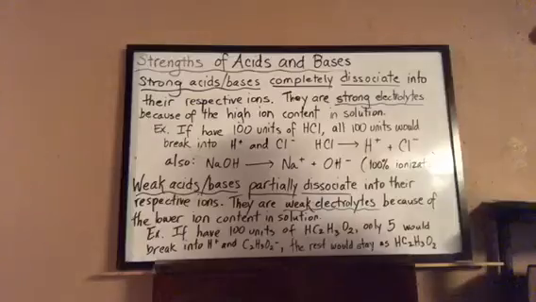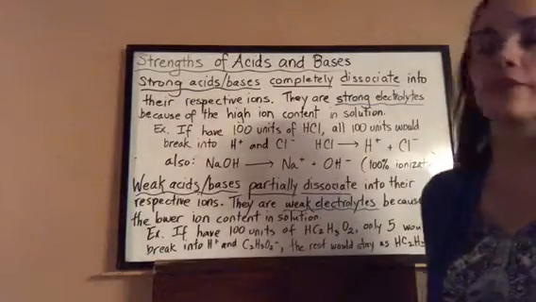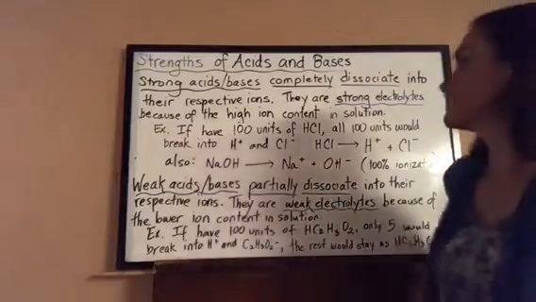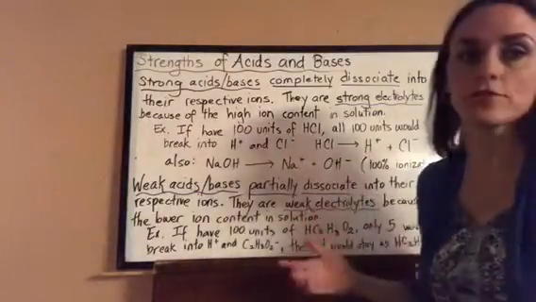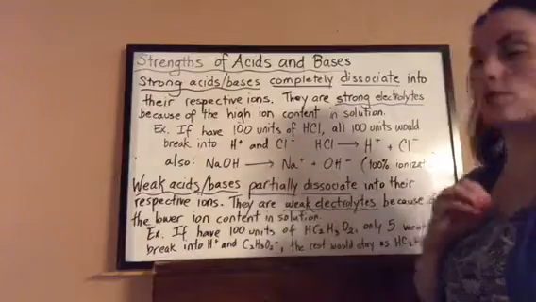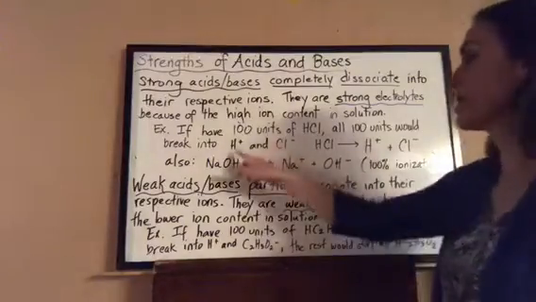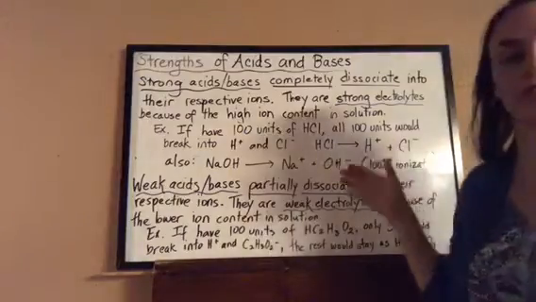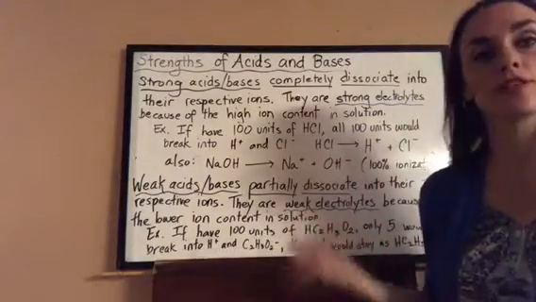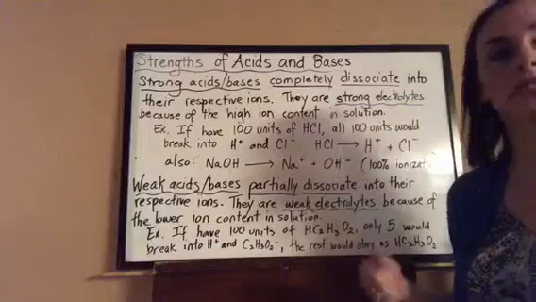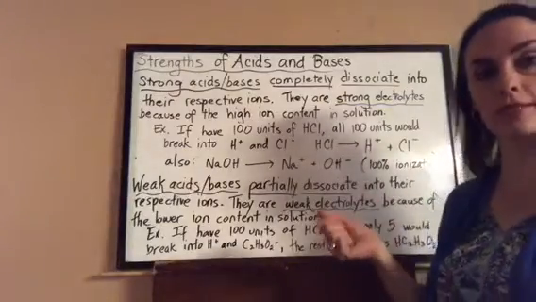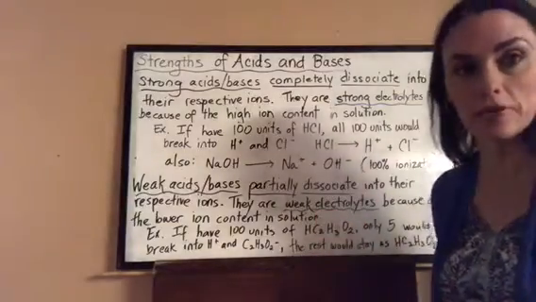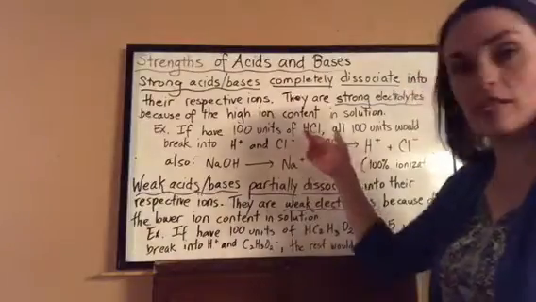I gave you an example in the picture where I said if it's a strong acid or a strong base, you have complete ionization. Hydrochloric acid, you have 100 units of hydrochloric acid. All 100 units would break apart into the hydrogen and chloride ions respectively. You'd have complete ionization. You have high ion content. You have a very strong electrical conductivity. And we saw that in lab. Remember when we used the conductivity meters, you were getting the error readings for this acid in particular.